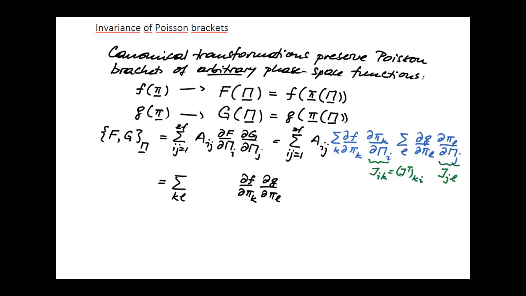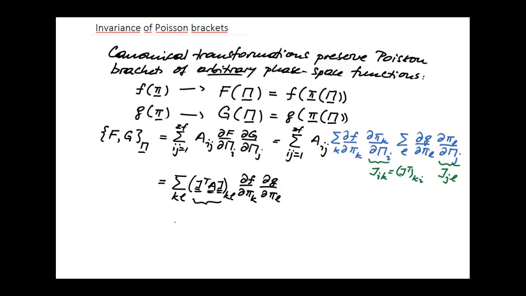We take first J transpose kI, then aij, and then J jl, and we sum over I and j. And this is the kl element of the matrix product J transpose A J.